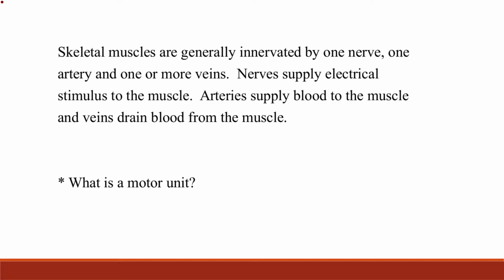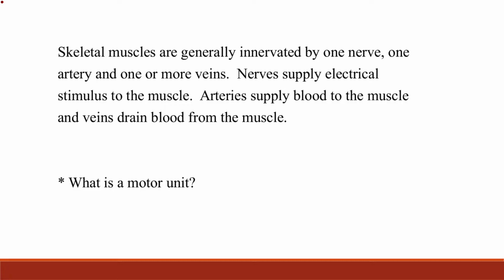Skeletal muscle typically has one nerve, one artery, one major vein, sometimes more than one vein. So if you see something that says the innervation, that means what nerve is supplying that muscle. So for example, you'll have a femoral nerve, a femoral artery, a femoral vein. Okay.